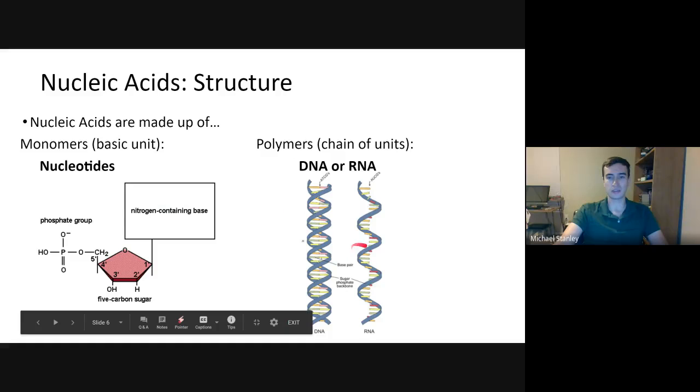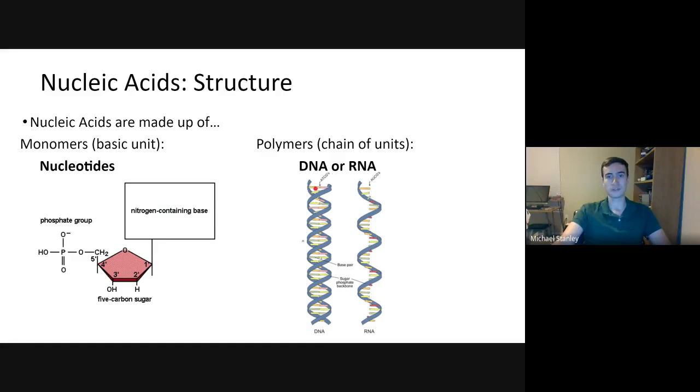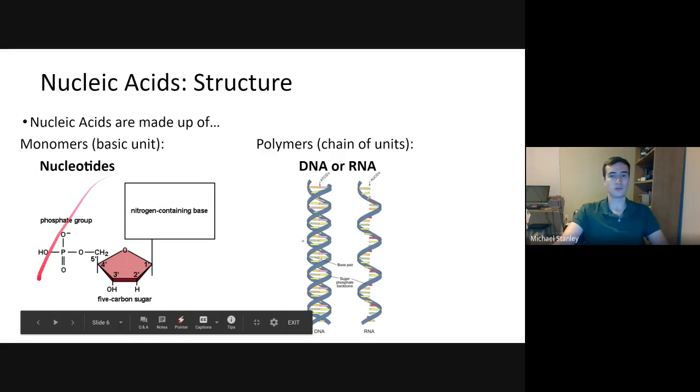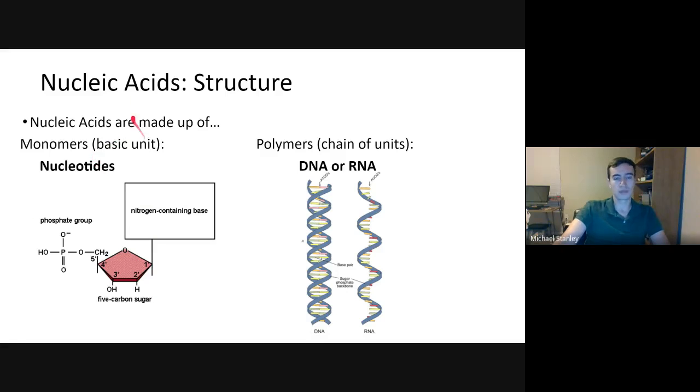RNA just has a single strand. But each one of these little colored lines inside the DNA represents a single nucleotide. So we have our nucleotides, put thousands and millions of them together, and you get nucleic acids, either DNA or RNA.